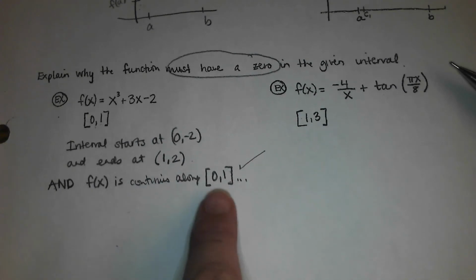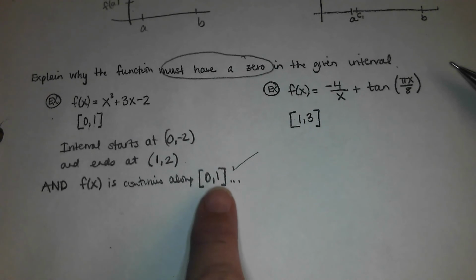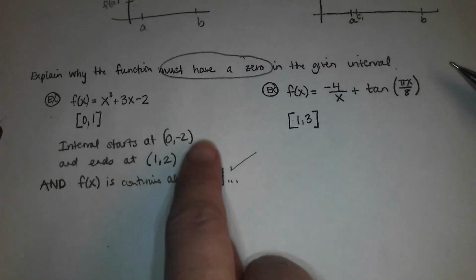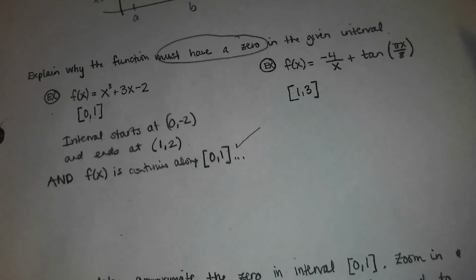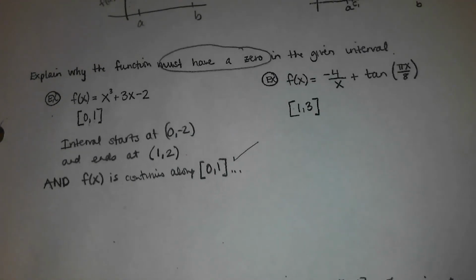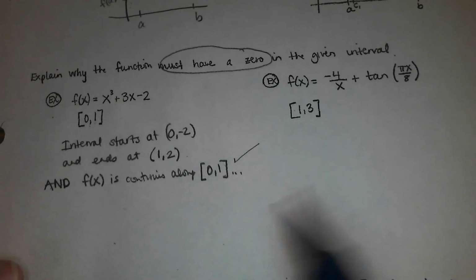And because it's continuous along that stretch of time from 0 to 1 on your x-axis, every y value between -2 and +2 has to get hit. At least once, if not more than once. Yes? So, how can we concisely put that in words? Interval starts at -2 and ends at 1, 2, and it's continuous along the way.